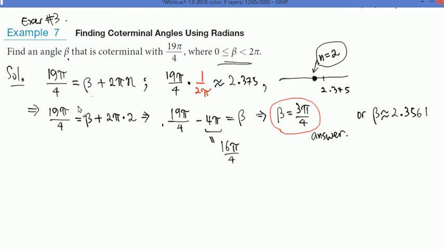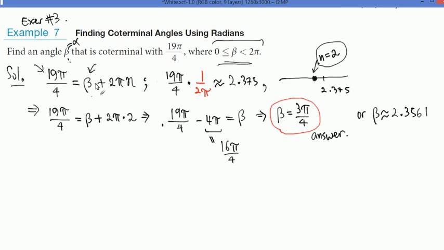That was the relationship. The angle is given here, and you figure out this one. That's the problem if you read it. The given angle is not beta. The given angle is 19 pi over 4, and you figure out that angle, which was called alpha before. So if you change that to alpha, that's just a dummy variable. So it's the same thing.